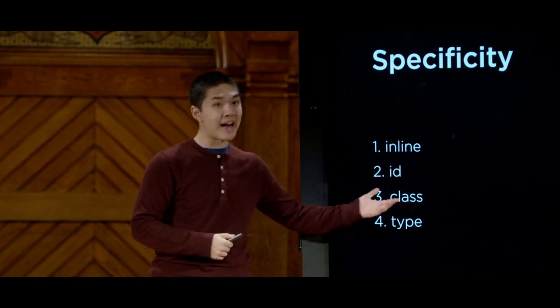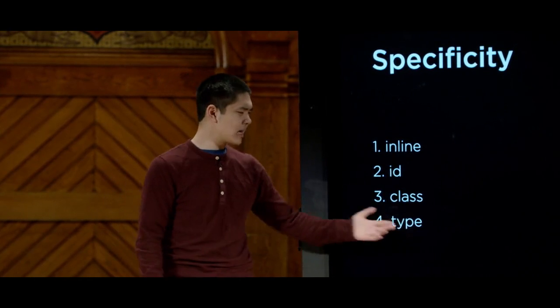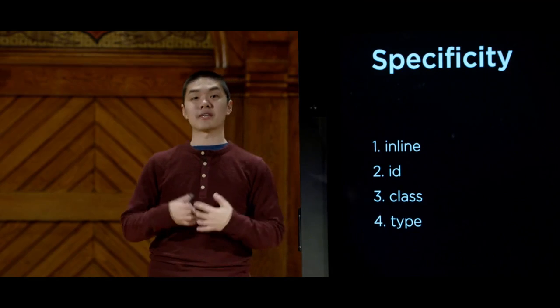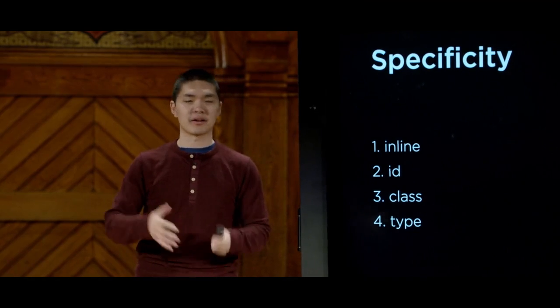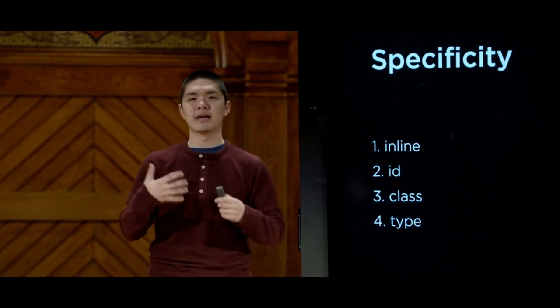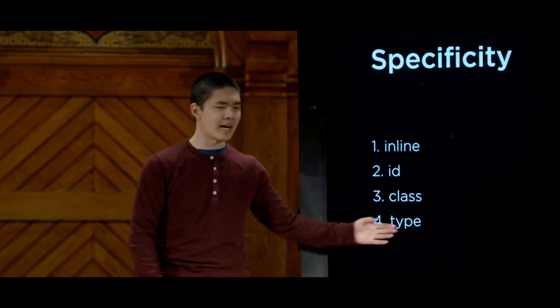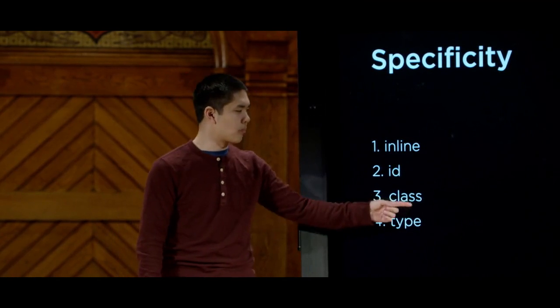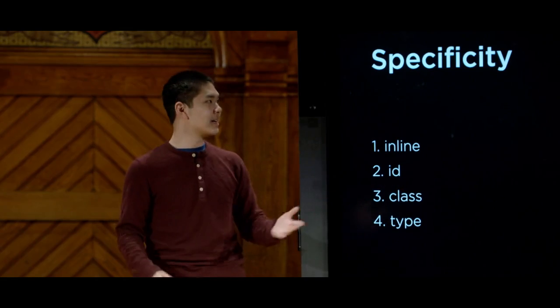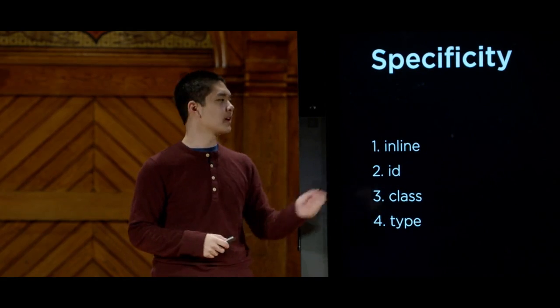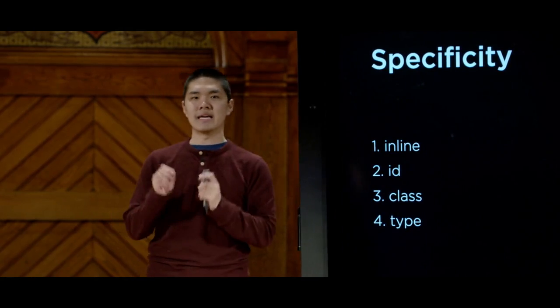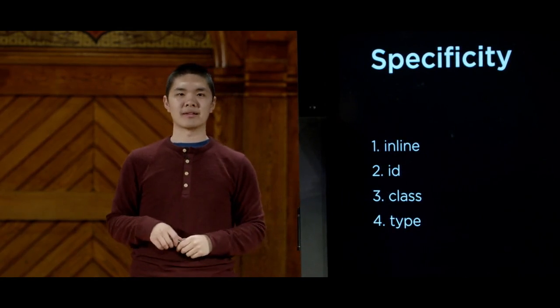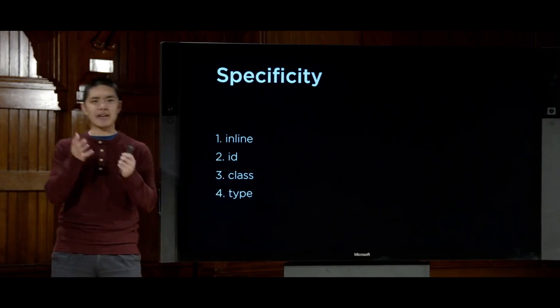If so, then that takes next precedence. Otherwise, we fall back to what type of HTML element it is. Is it an h1? Is it an ordered list? Is it a table? So in short, the type is the least specific, class is slightly more specific, ID is more than that, and the most specificity we can provide is by literally putting the CSS in line with the HTML element itself.